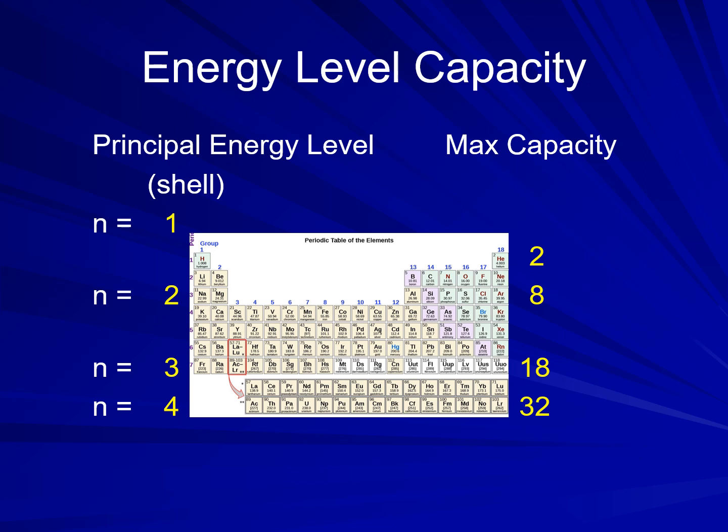Those electrons are actually on the third energy level. And we'll get into more of why they sit there on the periodic table next unit. But the third has a max capacity of 18. The fourth has a max capacity of 32. And those include the lanthanoid series and the actinoid series.